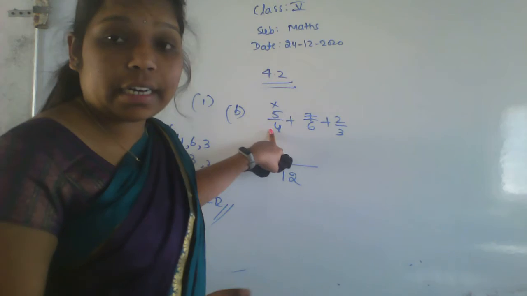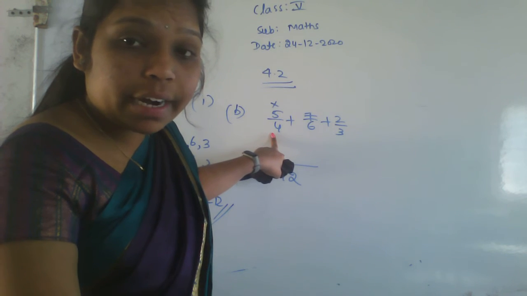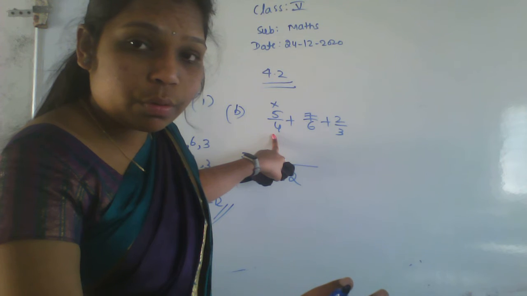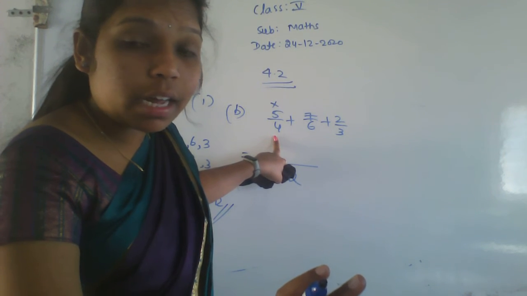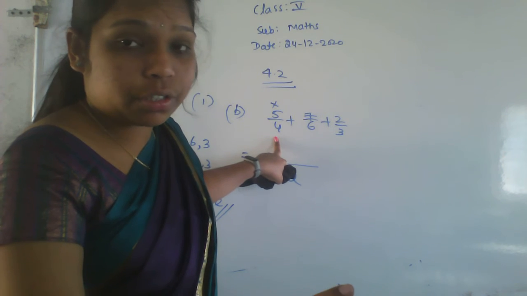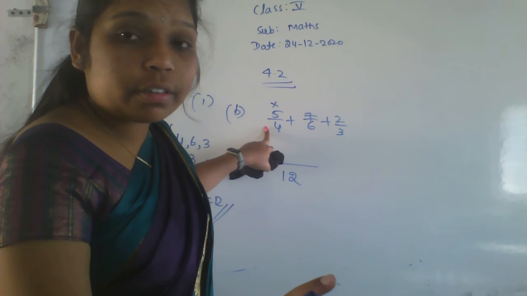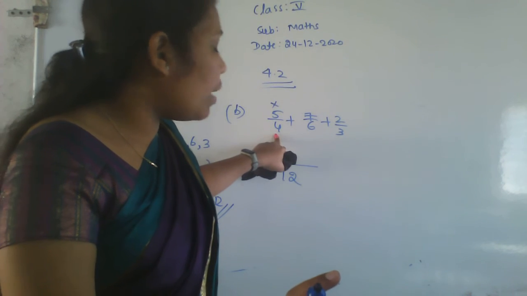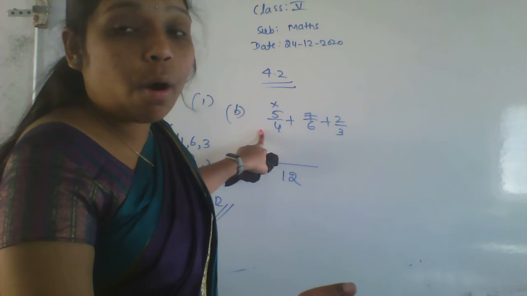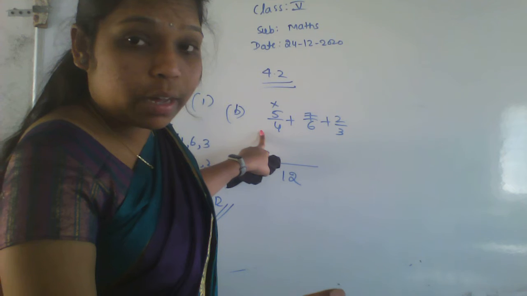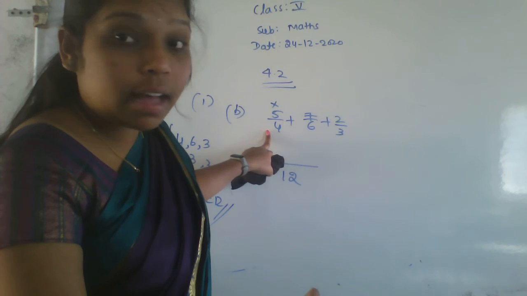Whenever we write equal fractions, we have to multiply both the numerator and denominator by the same value.